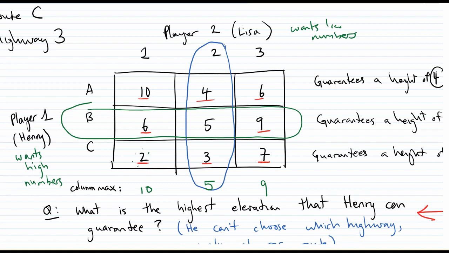Since they both know that they can guarantee a score of 5, that is, they know the value of the game is 5, Henry will feel bad if he ever scores less than 5 because he knew that he had a foolproof strategy to get at least 5. So if Henry ends up with 4, then Henry will be very upset. Likewise, Lisa knows that she can get at most a score of 5. And remember, Lisa wants low numbers. And so if she ends up with a score of 9 or a score of 6, she'll be upset.